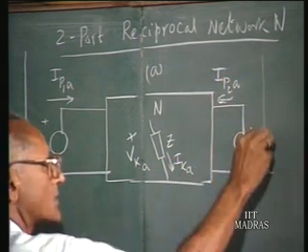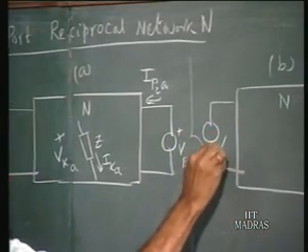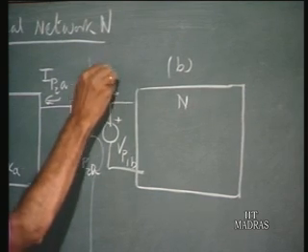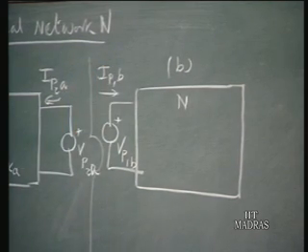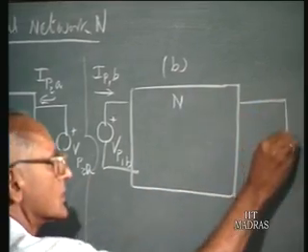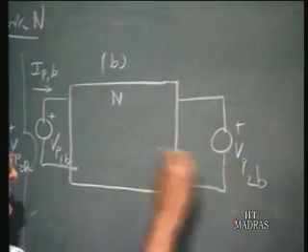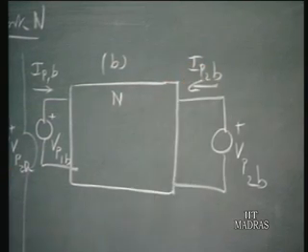Let us have the same network with a different set of excitation conditions. So I have VP1B and the corresponding port current, I will call that IP1B. Similarly, I have VP2B and the corresponding current IP2B in the port.